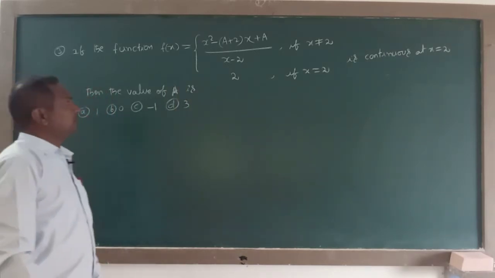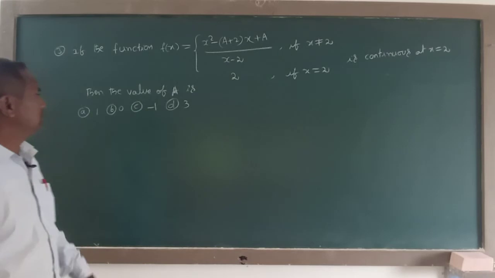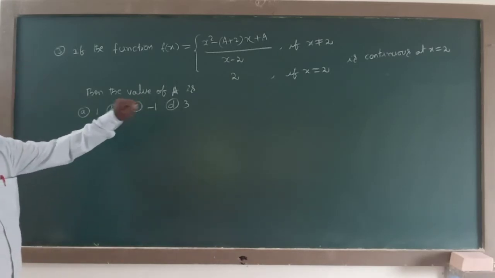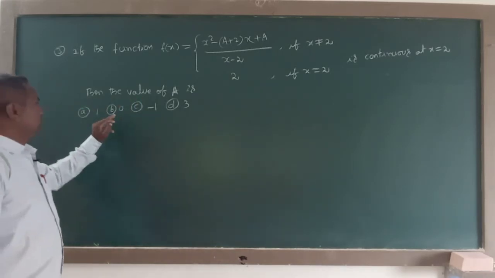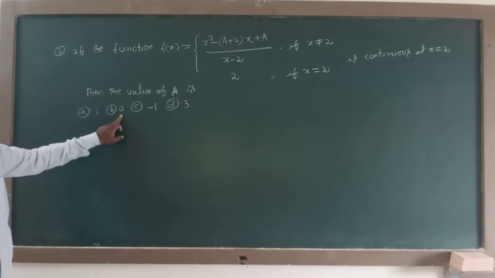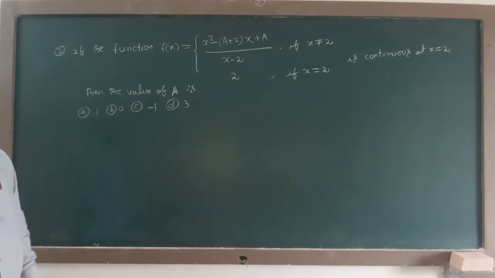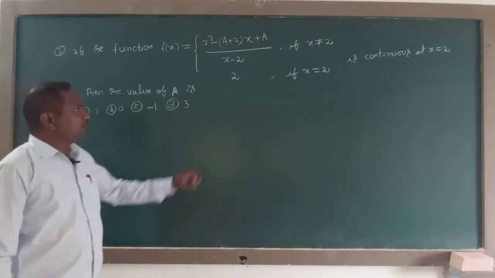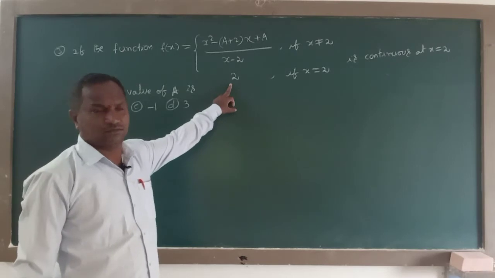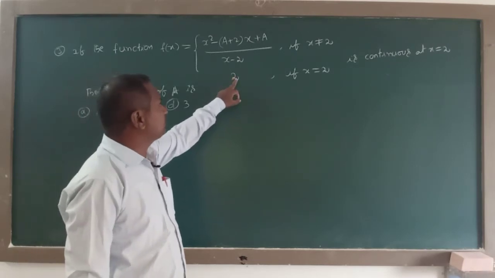By taking which value of a do you get 2 here? By taking which number instead of a do you get the correct answer? About that we'll discuss now. The function value is already 2 here. By taking the limit as x tends to 2, we should get the function value 2.